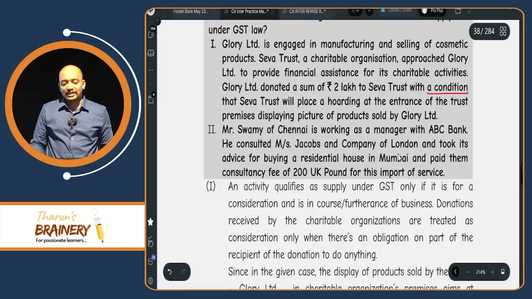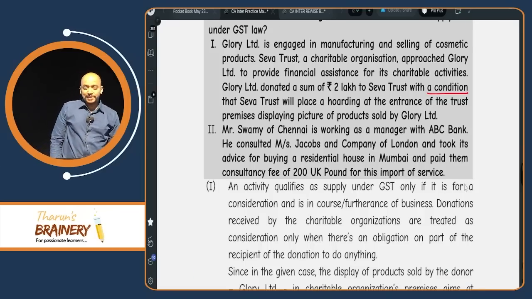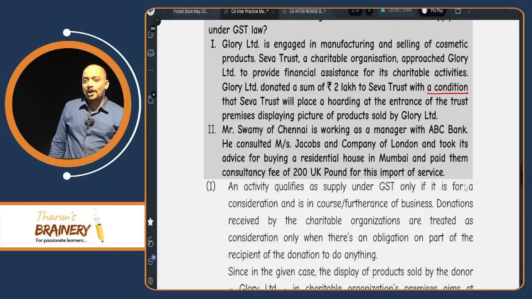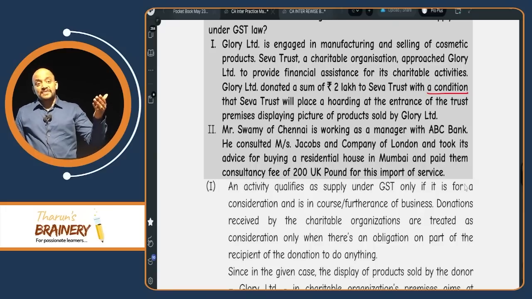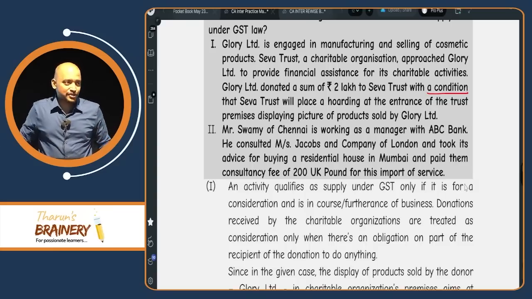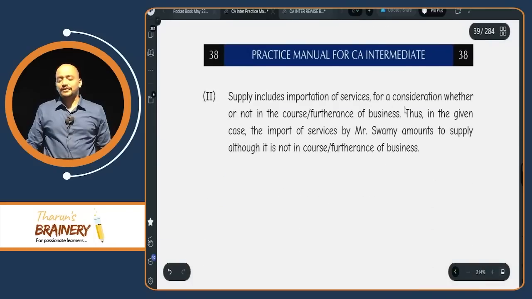Jacobson's Company of London and took its advice for buying a residential house in Mumbai and paid them a consultancy fee of 200 UK pounds for this import of service. Now, is it supply? 7(1)(b) or 7(1)(c)? 7(1)(b), import of service for a consideration, whether or not in the course or furtherance of business. Even though it is not in the course or furtherance of business, it is supply under 7(1)(b). That is the explanation we need to write.